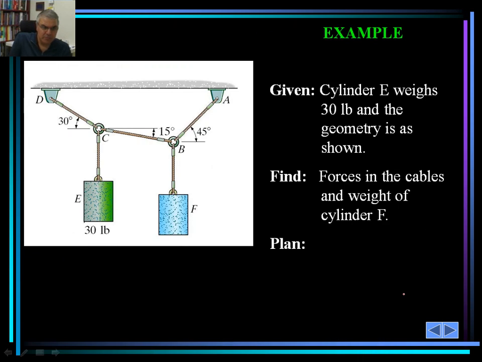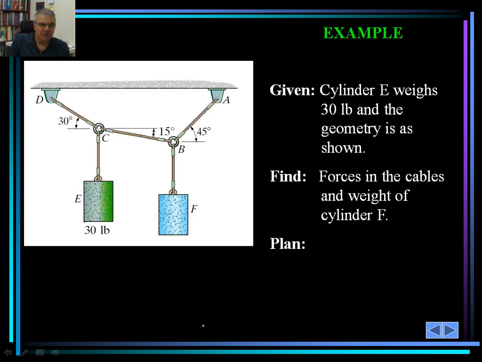So here's an example. I want you to review this example with me before we start solving it. Okay, so the cylinder E weighs 30 pounds and the geometry is shown here.